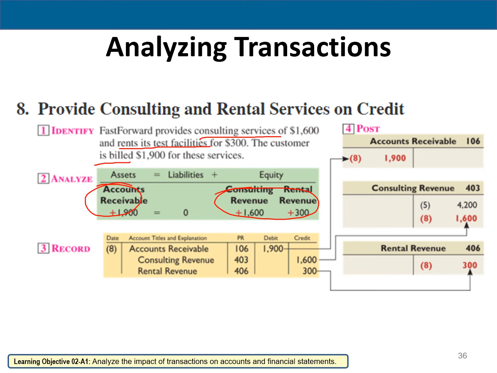And then in order to increase our revenue accounts, both consulting and rental, we credit. So our journal entry is a debit to accounts receivable for $1,900 and a credit to the two different consulting and rental revenue accounts for $1,600 and $300. And then we post our debits to the left side of the applicable accounts and our credits to the right side.